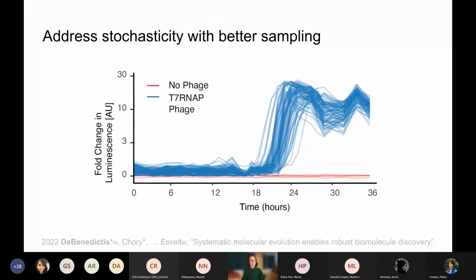So in this experiment, I was evolving the T7 RNA polymerase to initiate transcription on a new promoter. And rather than perform this evolution in one population or a couple populations, I decided to do this experiment in 96 plex.